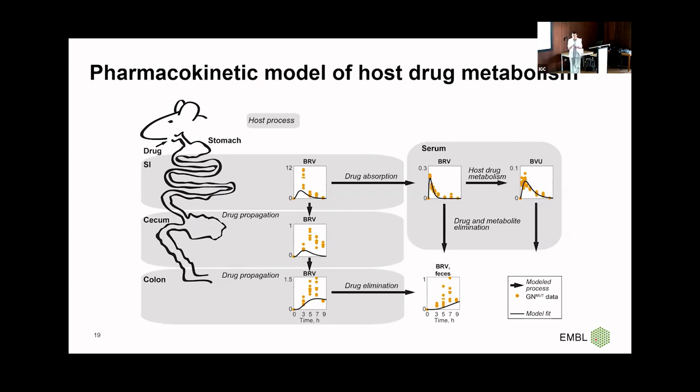We can describe these processes with ordinary differential equations, an example of which I'm showing you here on the top, where, for example, drug concentration in serum is defined as being proportional to drug absorption, drug metabolism by the host, and drug elimination.